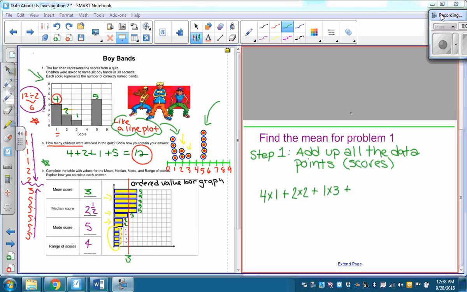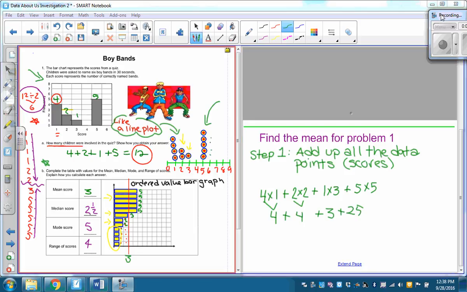And then there's 5 what? 5 5's. So I'm adding up all those numbers, but instead of saying 1 plus 1 plus 1 plus 1, I'm just saying 4 times 1. And instead of saying 2 plus 2, I'm just going to do 2 times 2. Then I have that 3. And then I have 25, because that's 5 plus 5 plus 5 plus 5 plus 5.